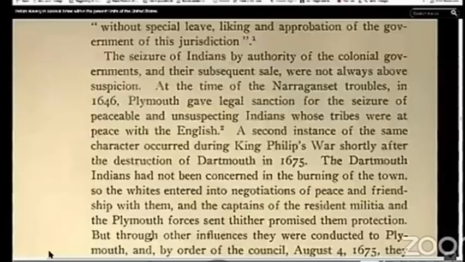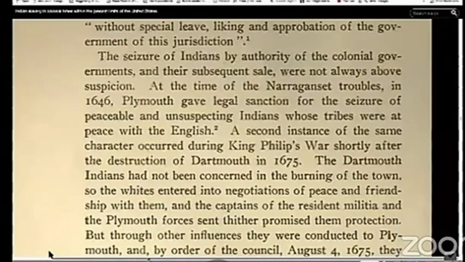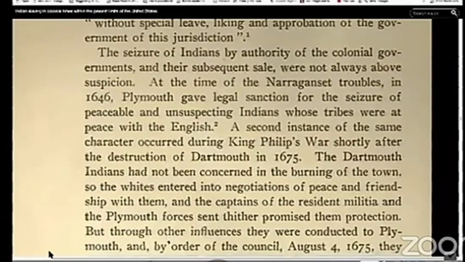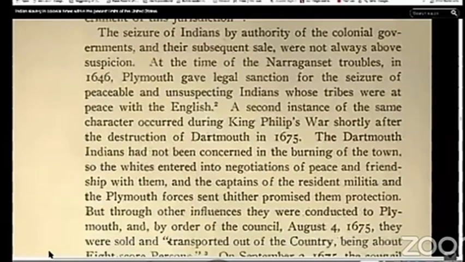The seizure of Indians by authority of the colonial government and their subsequent sale were not always above suspicion. At the time of the Narragansett Troubles, in 1646, Plymouth gave legal sanction for the seizure of peaceable and unsuspecting Indians whose tribes were at peace with the English. A second instance of the same character occurred during King Philip's War, shortly after the destruction of Dartmouth in 1675.